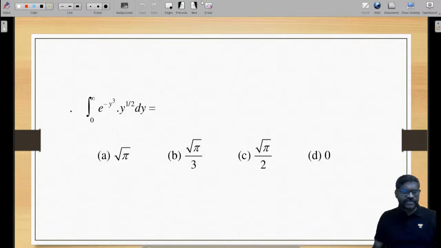Integral 0 to infinity of e power minus y cube into y power 1 by 2 dy.